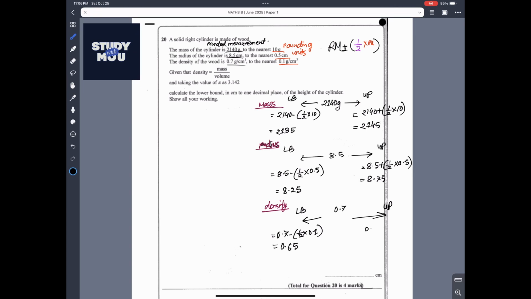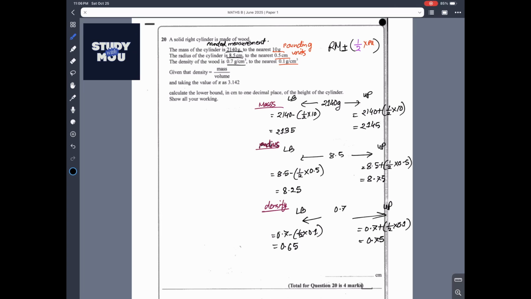Similarly, 0.7 plus open bracket 1 by 2 multiply 0.1 is equals to 0.75. So we have all the lower bound and all the upper bound for our rounding measurement.